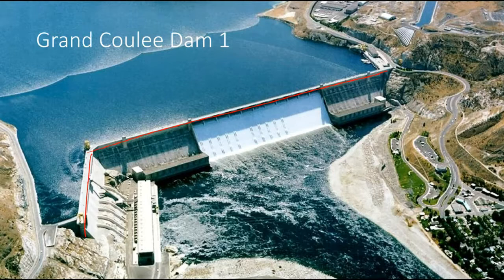And even though we can definitely tell that there is an elevation change here, it's not like this thing is wedged into a canyon like we saw with the Idukki or even the Hoover Dams. So this one is spanning a much wider area. And as a consequence, you can see that there's nothing for that arch shape to really brace on, so this one doesn't have that arch shape.